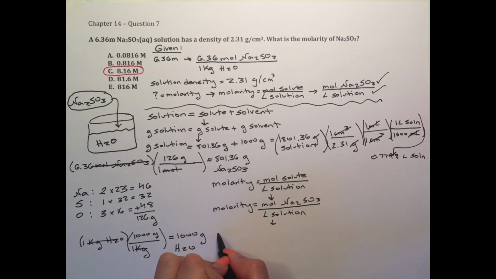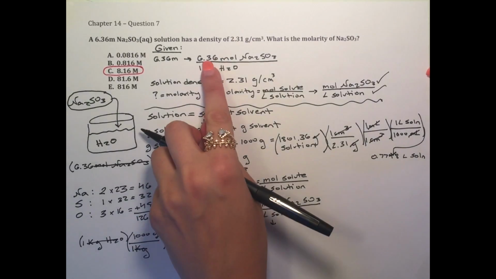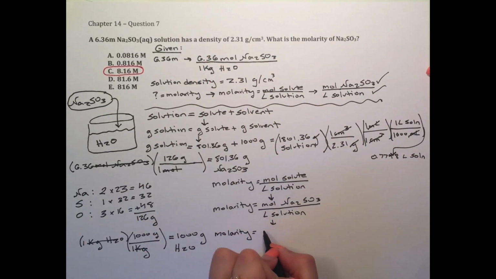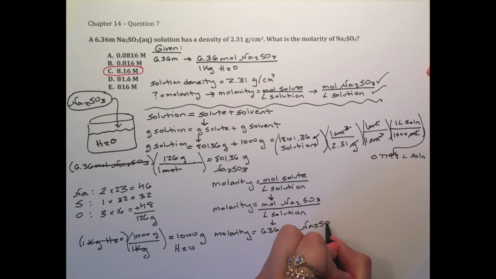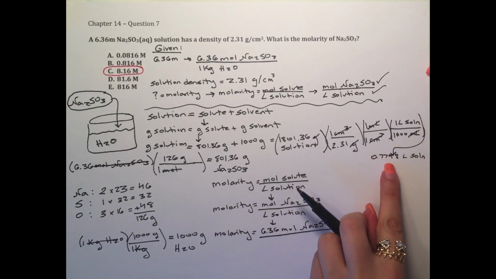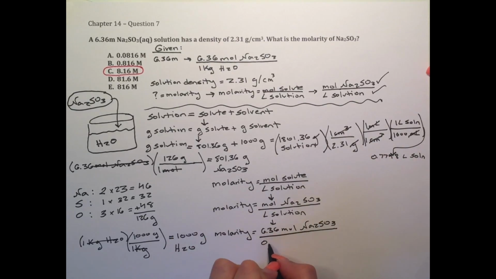Plug our values in. Moles of Na2SO3 was given, and that is 6.36 moles. Liters of solution we found to be 0.7798 liters.